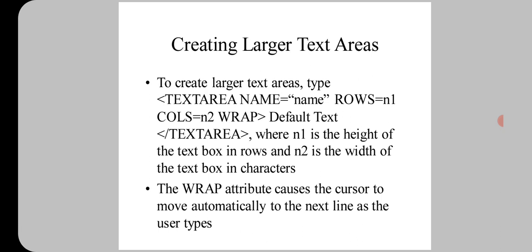Creating larger text areas. Another type of form control is the text area. What is the difference between a text box and a text area control? A text box is generally used to accept a single line of text only, generally up to 255 characters.